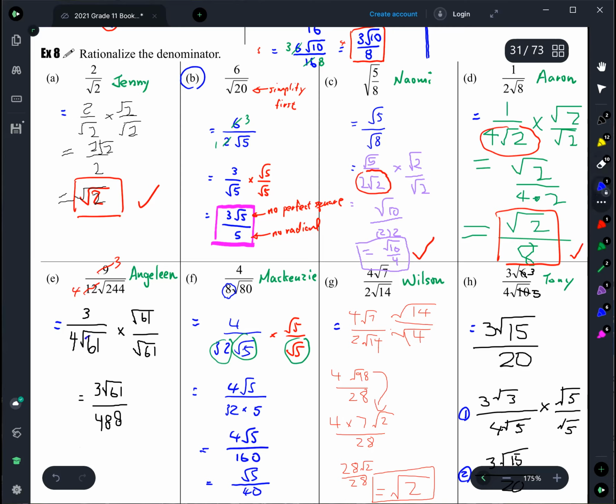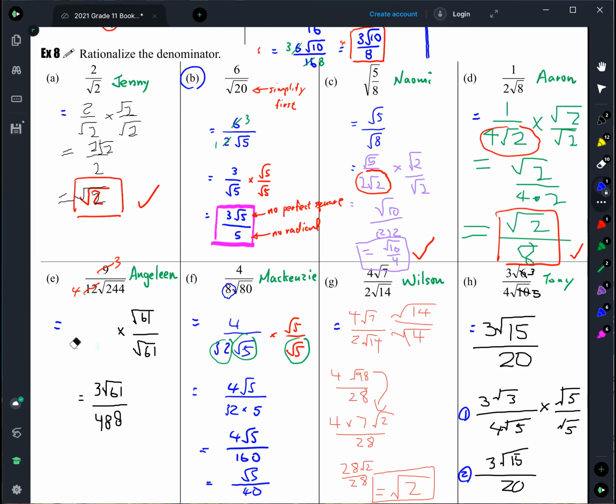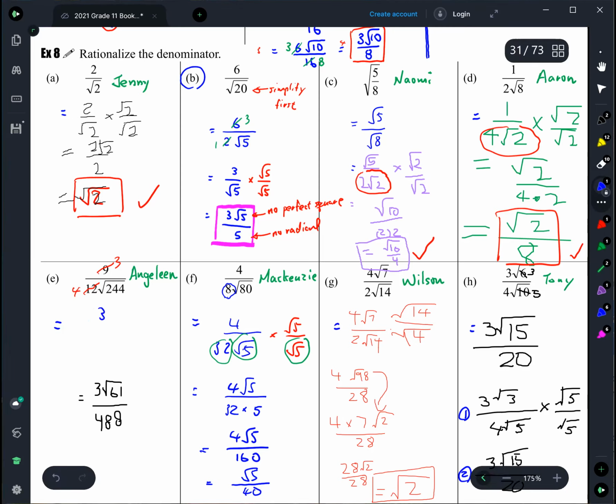Inside 244. No, actually, how do we fix this? Let me see. Okay, let's erase this part. You can tell me what I will do. Let me reduce that first. So we have 3 over 4 root 244.